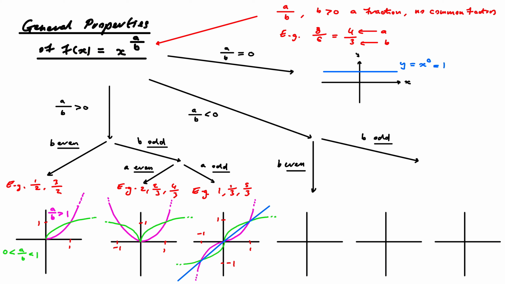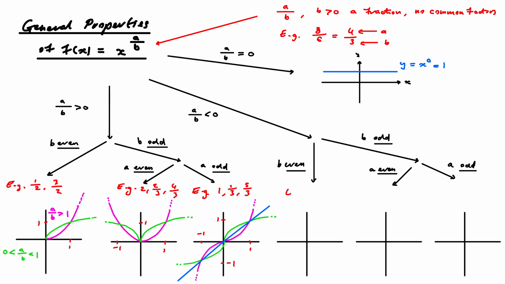And we've got the same story as before. Let's break it into the A is even and the A is odd. And let's shorten this a little bit. So let's go through each of them in turn.